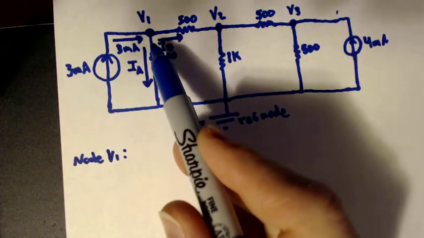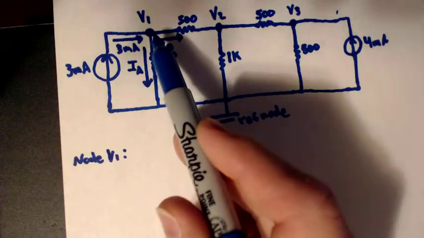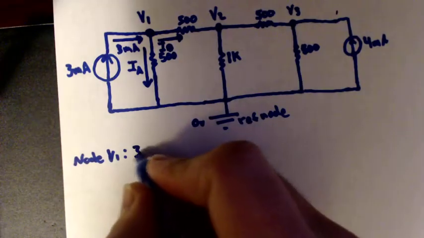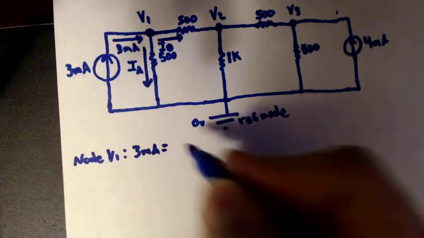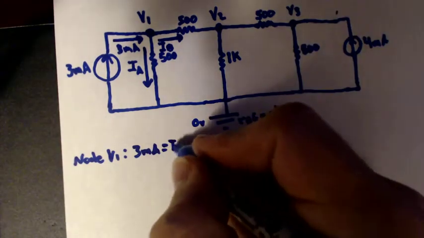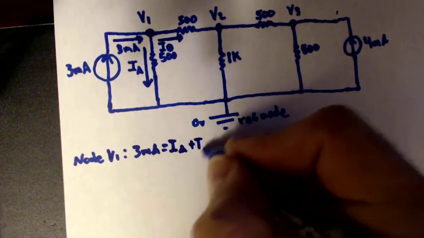The sum of all currents entering a node must equal the sum of all currents leaving that same node. What are the currents entering it? It's 3 milliamps. And that should be equal to all the currents leaving that node. The currents leaving that node are IA plus IB.